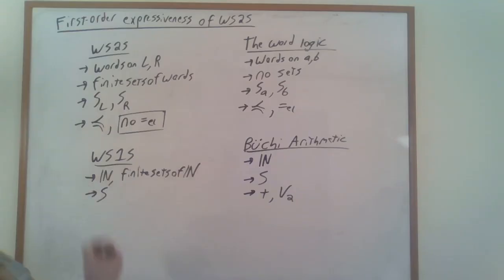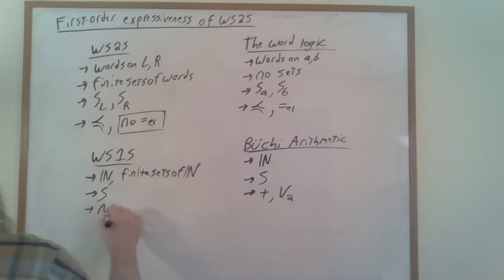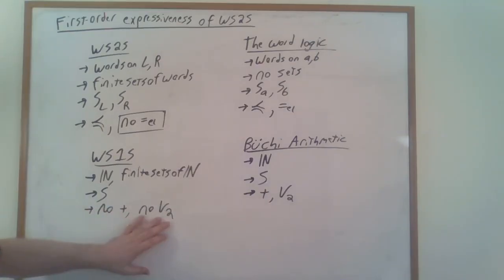And weak S1S specifically can't talk about these two things. And again, there's two ways to show this. The first is very simply adding these on to weak S1S and showing that the result is Turing complete. I'm not actually sure if that's true for V2. I know that's true for addition. I'll have to check for V2.